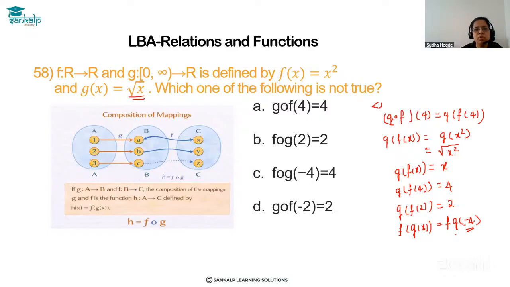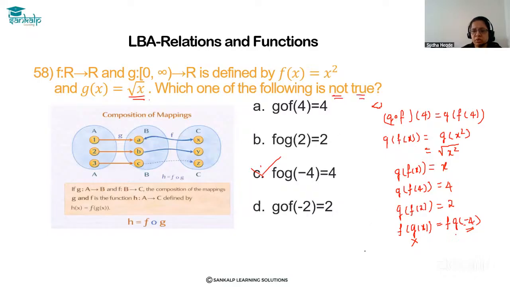Root of negative value is a complex number. So this is not possible. Therefore, this is the correct answer, because they have asked which is not true.